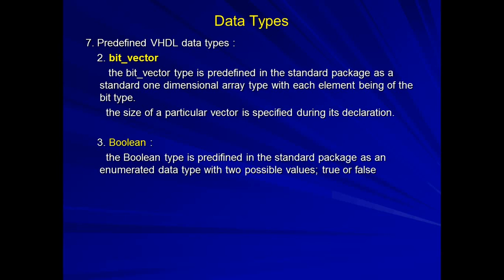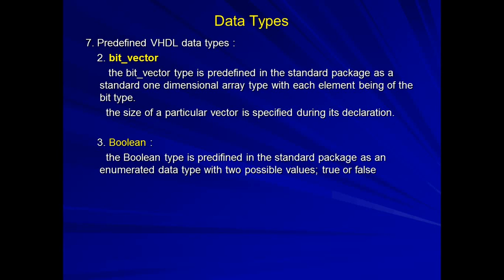The second data type is bit vector. The bit vector type is predefined in the standard package as a standard one-dimensional array type with each element being of the bit type. The size of a particular vector is specified during the declaration. This means in a bit vector we can assign more than one bit value, hence the size of that vector is specified while declaring it.